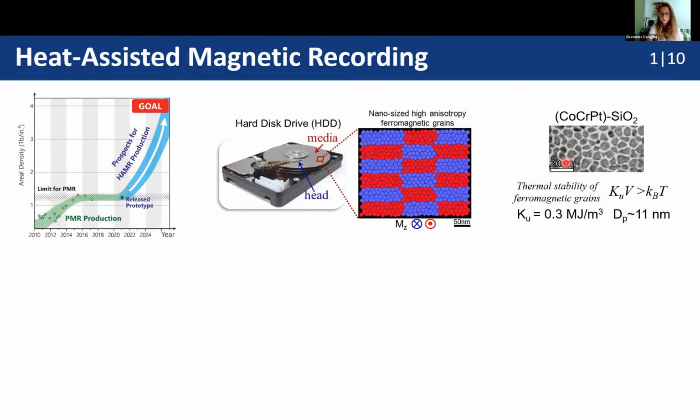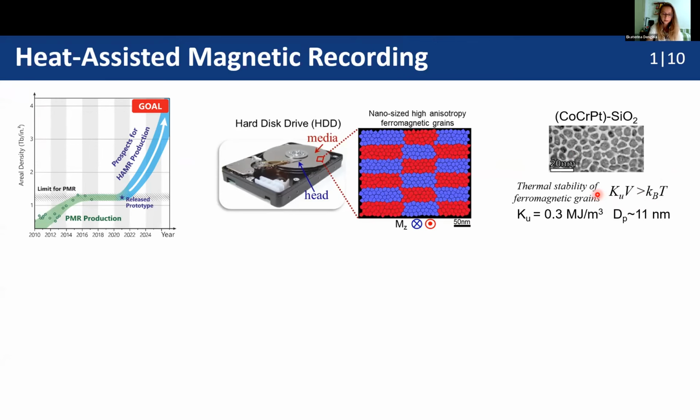However, in order to decrease it, we need to decrease the volume of the grain, and there is a limit where the magnetocrystalline anisotropy energy becomes comparable to the thermal energy, and this is where the grain itself and the media become thermally unstable. And at a certain limit, the grain can become superparamagnetic.